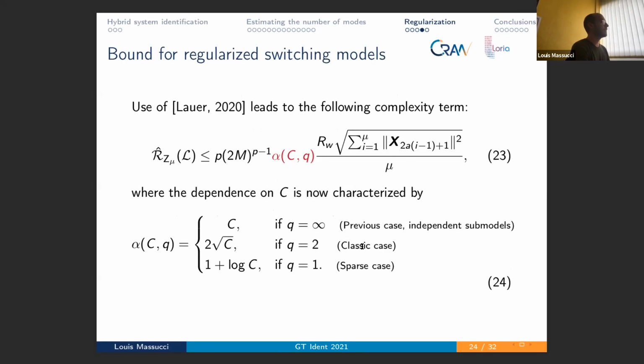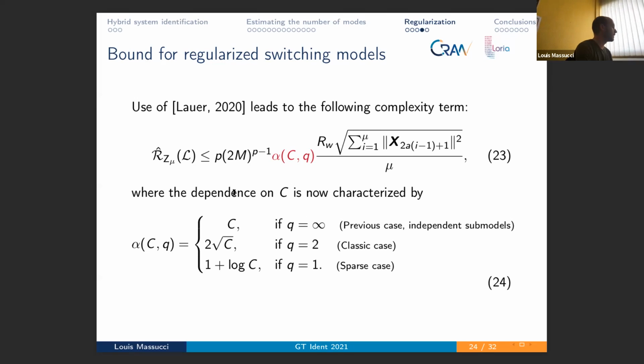Using this type of model class and the regularization, we can obtain a new type of error bound, a bound including the regularization. And so the parameter has changed. We don't have only C anymore in the bound, but we have a parameter alpha depending on C and Q, where Q characterizes the norm and C is the number of modes.